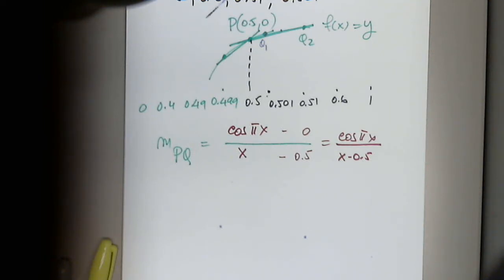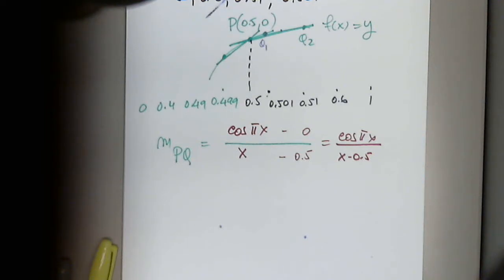So what does this number represent? The slope of the line going from the first Q and P, with Q with the x coordinate of 0. What is this? The slope of the line going through the second Q with x 0.4 and P. What is this?